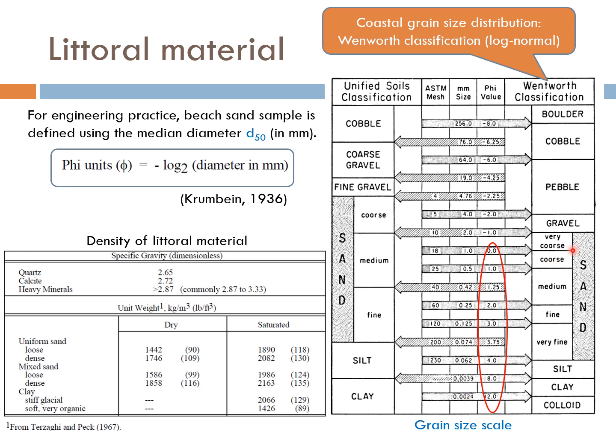So you notice, for example, at phi value equal to 0, which is equivalent to a sediment size of 1 mm, based on Wentworth classification, it is bordering between very coarse and coarse sand, whereas under the usual unified soil classification applicable to geotechnical study, it is classified as medium sand instead.